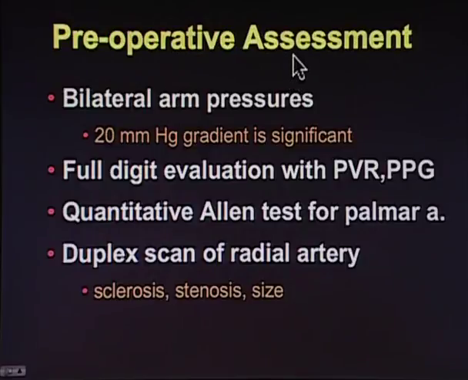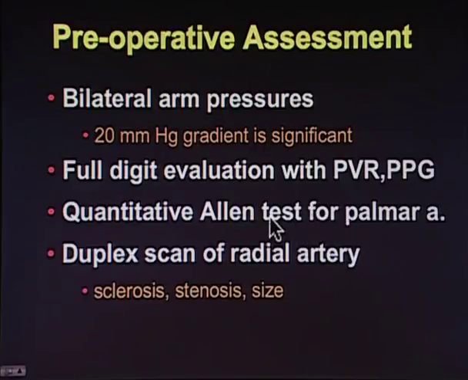Now, for a preoperative assessment for this, we do bilateral arm pressures. Again, I mentioned that a number of times, a 20 millimeter pressure gradient is significant. We do full digital pressures with PVR or PPG, or I should say digital evaluation. We can do pressures as well. I like to do what's called the quantitative Allen test.